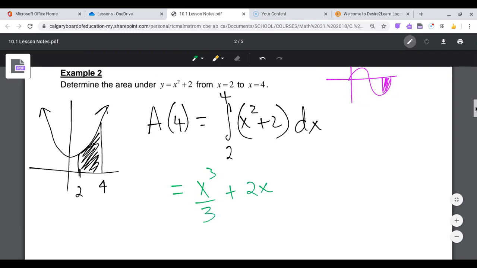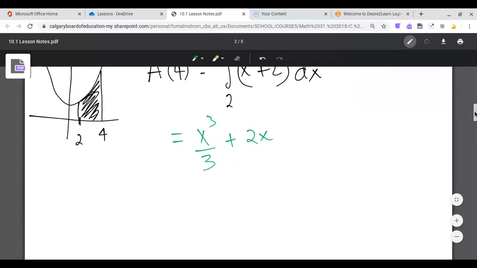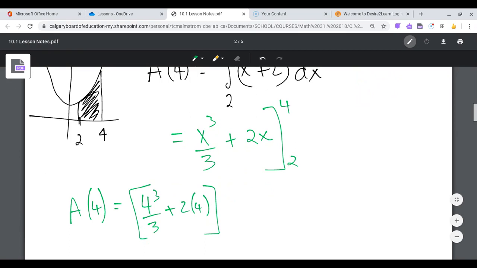And I'm not going to write my plus c. I'm now going to evaluate this from 2 to 4. So I get the area of 4 is 4 cubed on 3 plus 2 times 4, subtract 2 cubed on 3 plus 2 times 2.